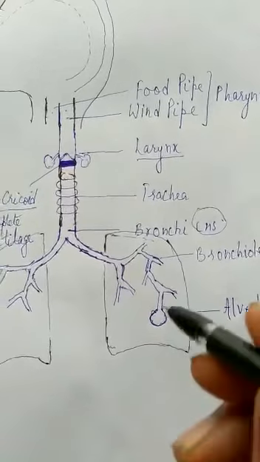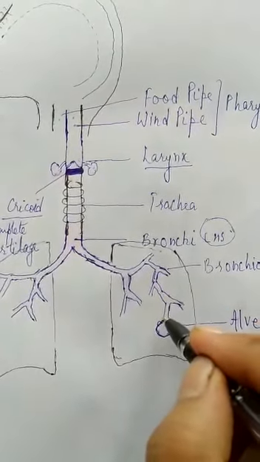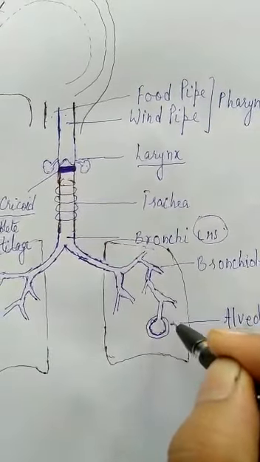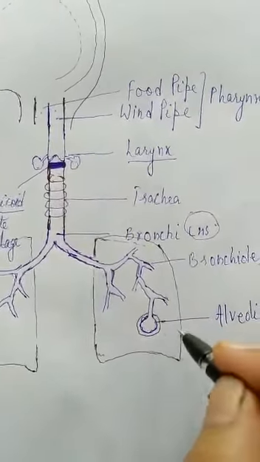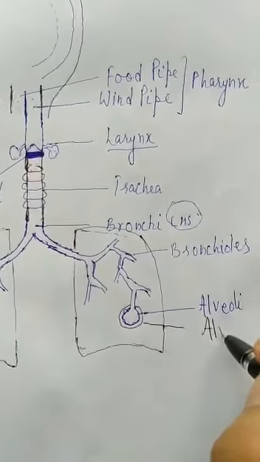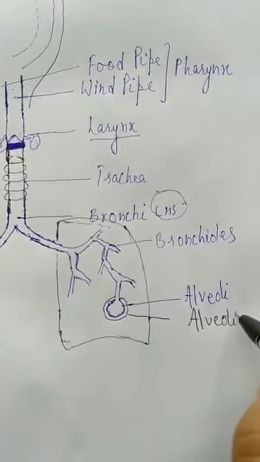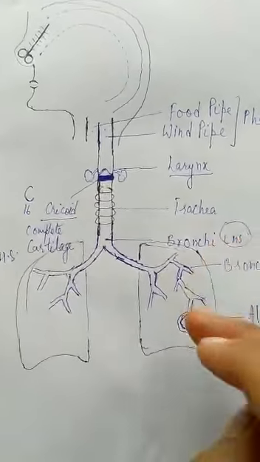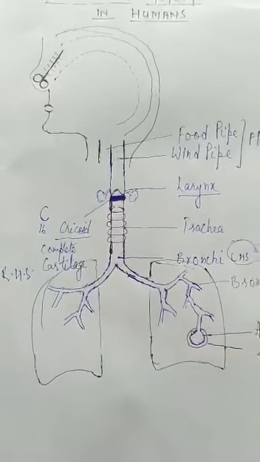This alveoli is also well protected by another layer or membrane, and this layer or membrane we call the alveoli sac. So this is how the respiration occurs.